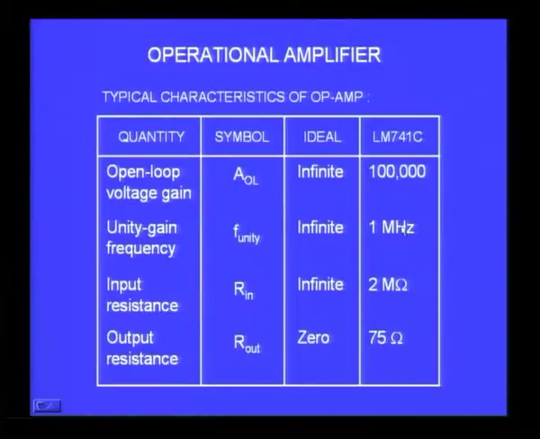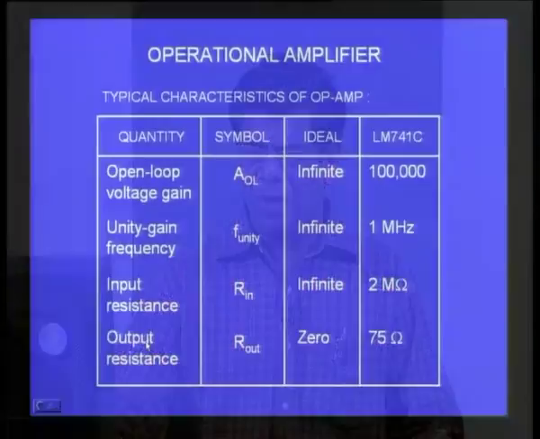So from 0 to 10 to the power of 6 hertz, the amplifier will have reasonably constant gain of about 1. The input resistance for an ideal op amp is again infinite, and for a typical operational amplifier 741, it is about 2 megohms.